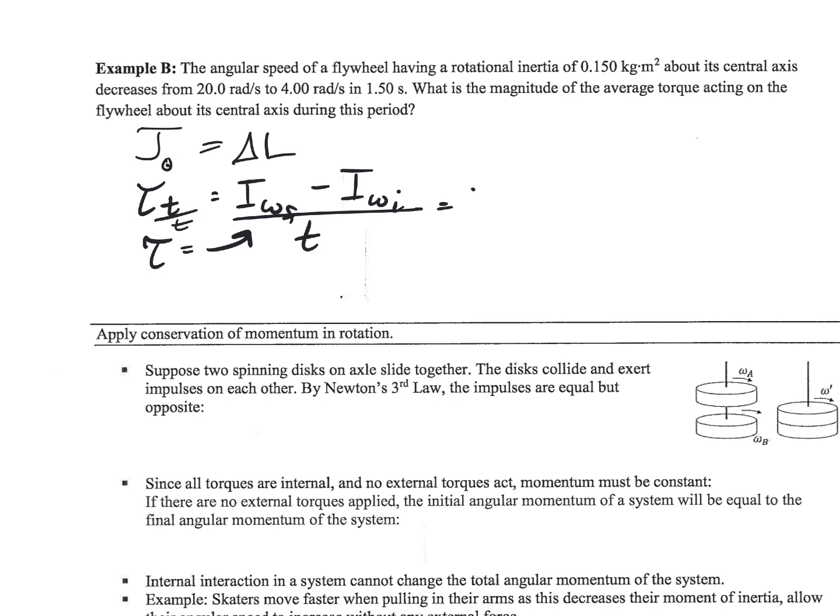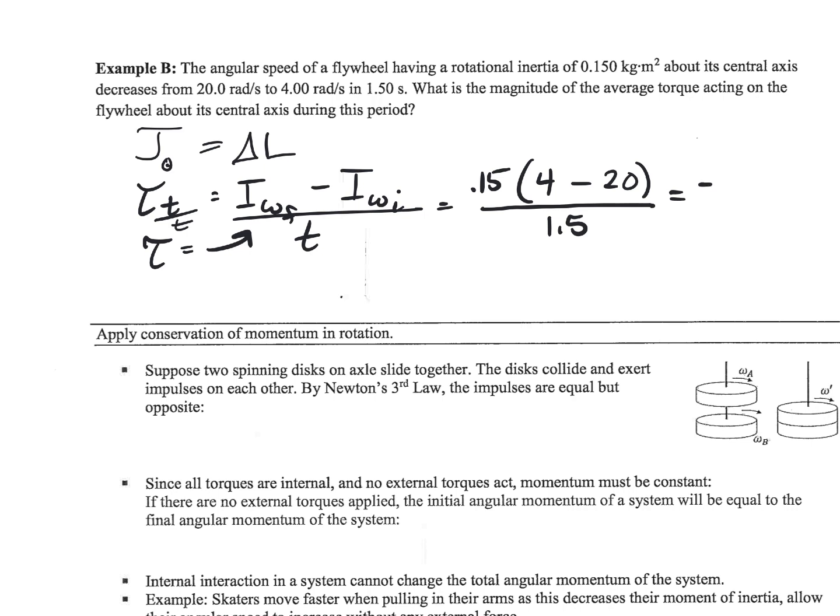We know this is 0.15. And really all we have to do is omega final minus omega initial, right? I comes out of both of them. Omega final is 4, omega initial decreases from 20 to 4. So this is 4 minus 20, divided by 1.5.